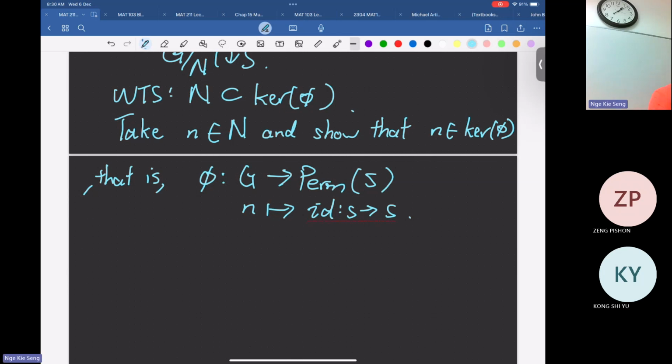It means that n acts like the identity on everything. So how to show this? Then you need to look at the definition, at how we relate the induced action to the group action.